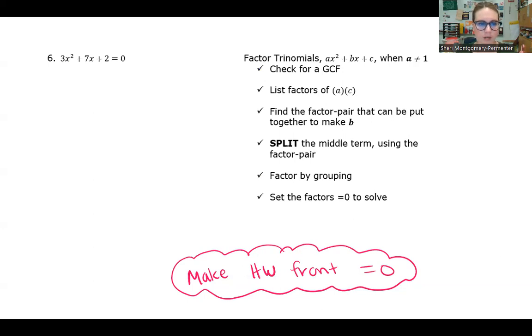Please make sure that you are working on number 6 from the notes. Oh yeah, you do. The back is all review.